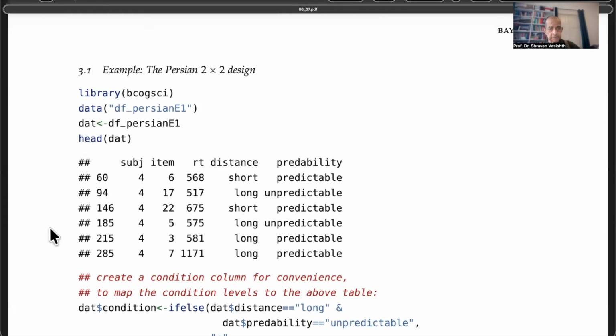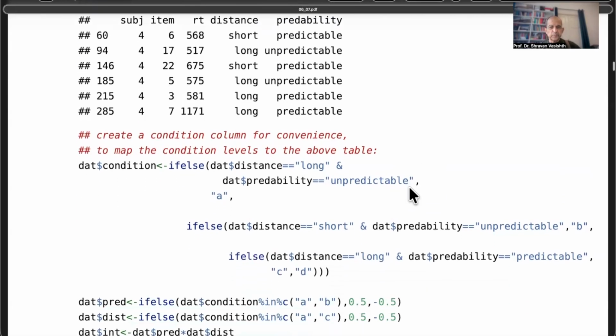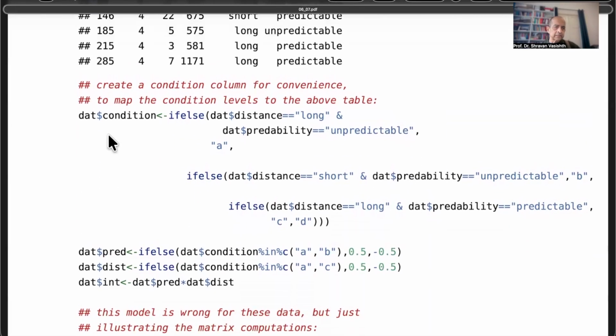In this data set, we have repeated measurements from multiple subjects who are being exposed to multiple items with a factor called distance that has two levels, short and long, and another factor, which I just shortened to predictability, which has two levels, predictable and unpredictable, right? So what I did here is a very clunky piece of code. I should have done this better.